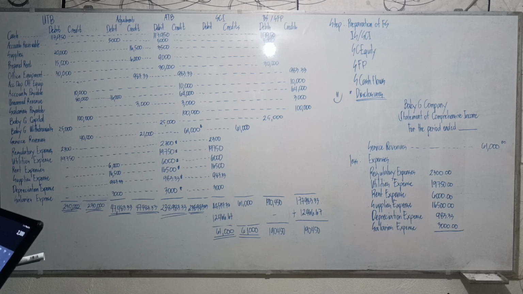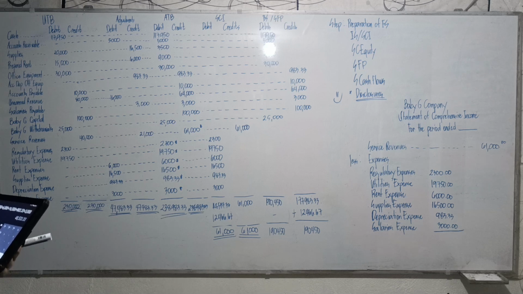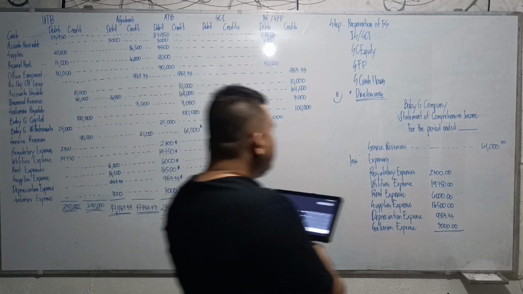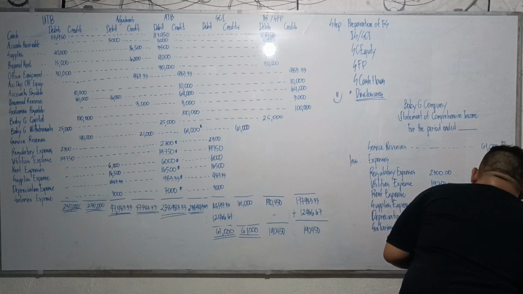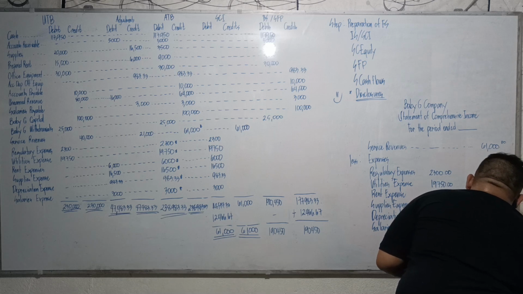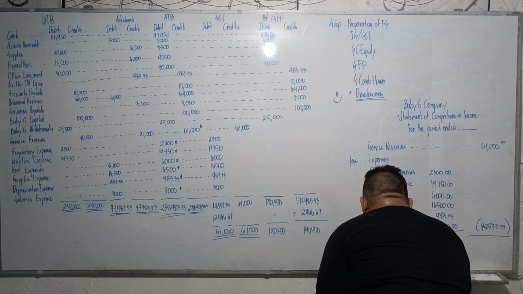So we have 23 plus 19,750 plus 6,000 plus 16,500 plus 983.33 and then plus 3,000. And we have 48,533.33. And we have to deduct that, and we're going to get the net income.